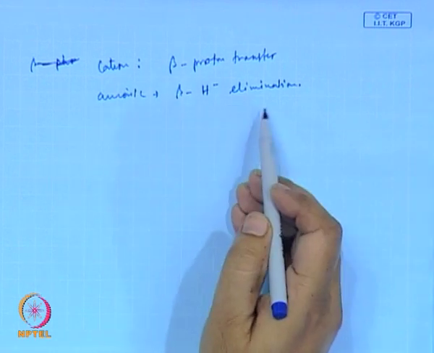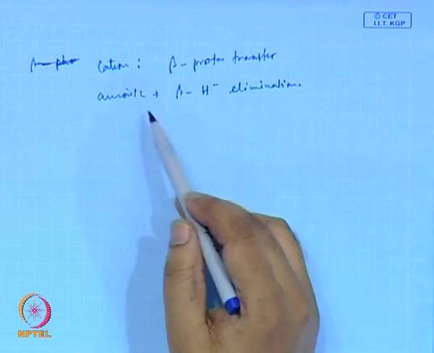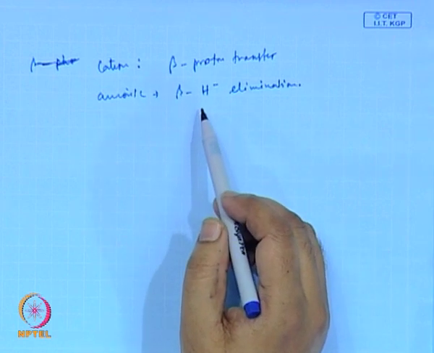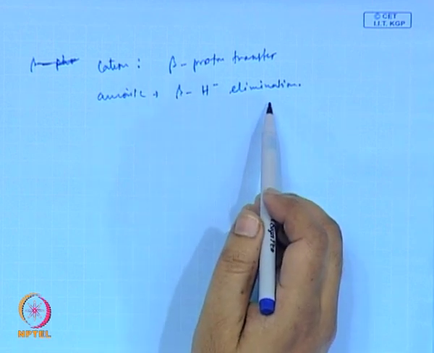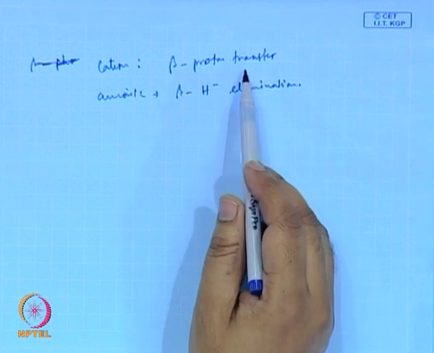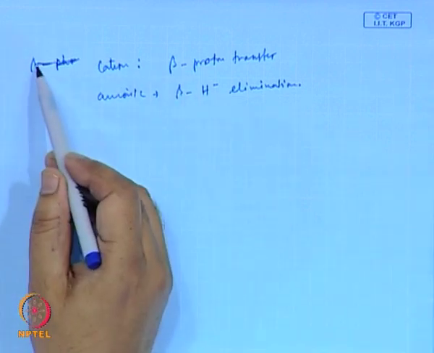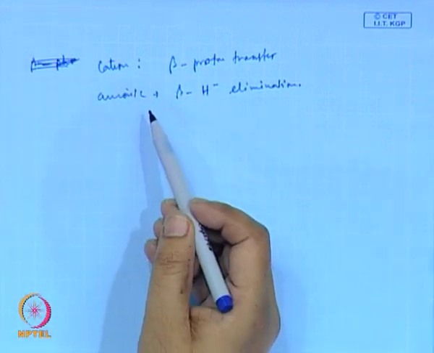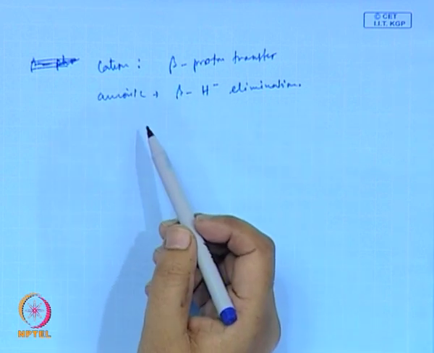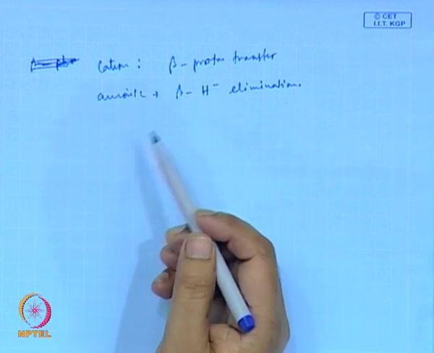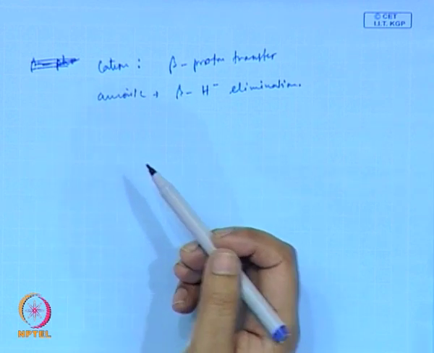Now, hydride elimination is not a very easy thing. So, the extent of transfer reaction for anionic polymerization is much less compared to cationic polymerization, which means that the side reactions and the chain transfer reactions are very few if you have a very pure monomer and a moisture free environment.